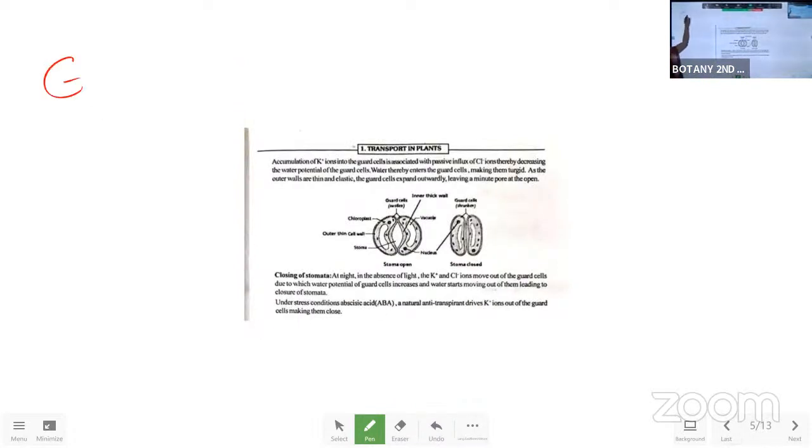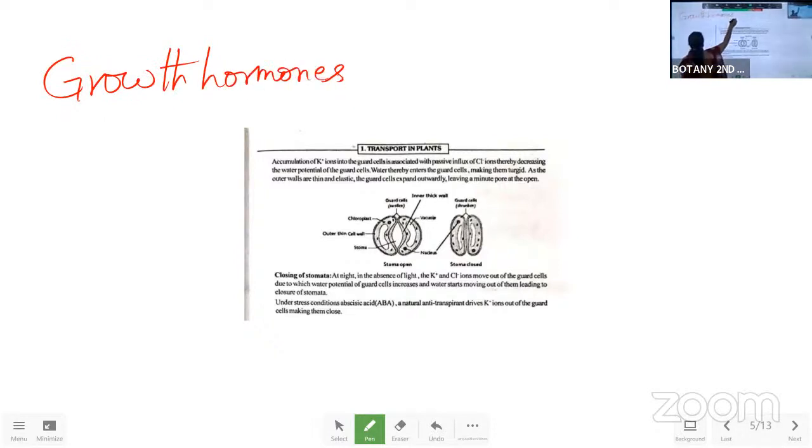Next one is the plant growth hormones. So in this plant growth hormones, what are the questions we need to learn?